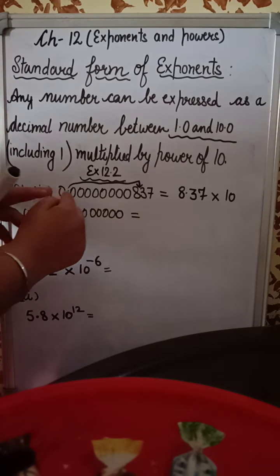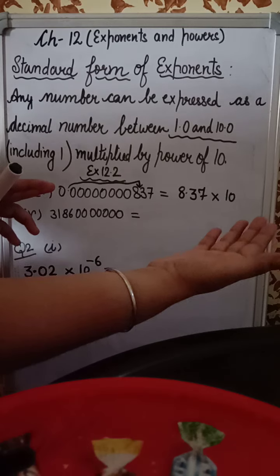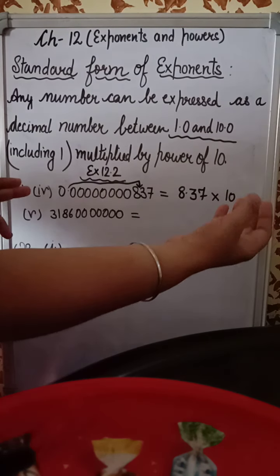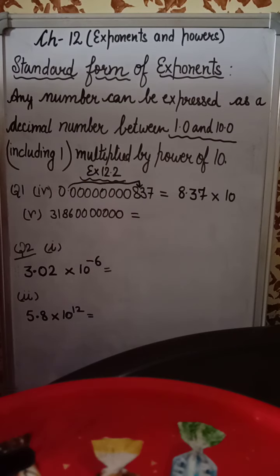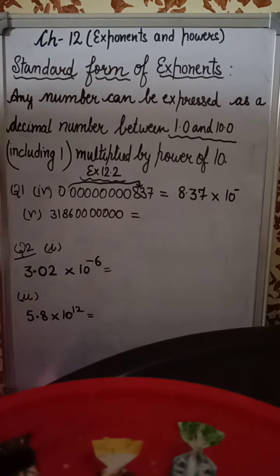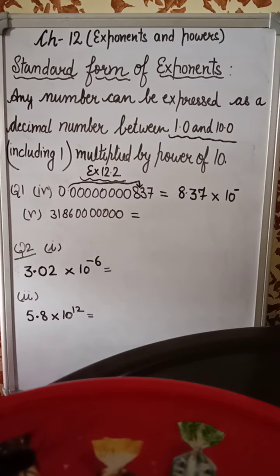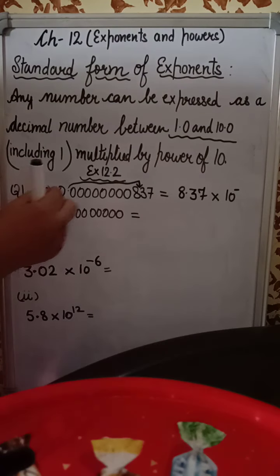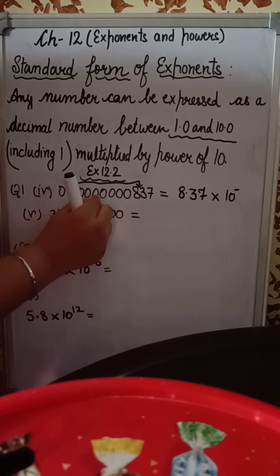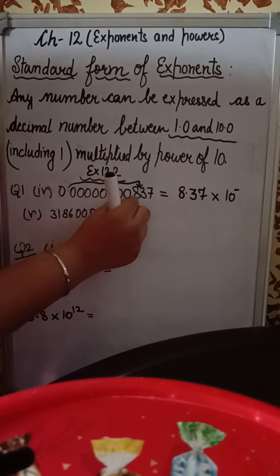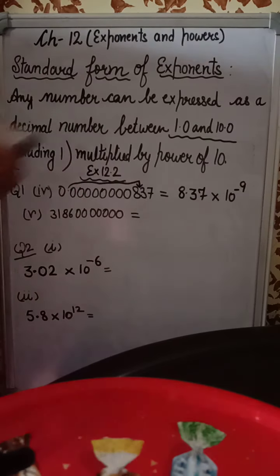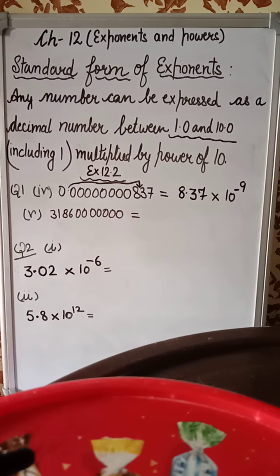If we are shifting the decimal towards the right side, then the sign will be negative. And what will be the power? How many places have we jumped the decimal? 1, 2, 3, 4, 5, 6, 7, 8, 9. We have shifted the decimal 9 places towards the right. So the power will be 10 raised to the power minus 9.